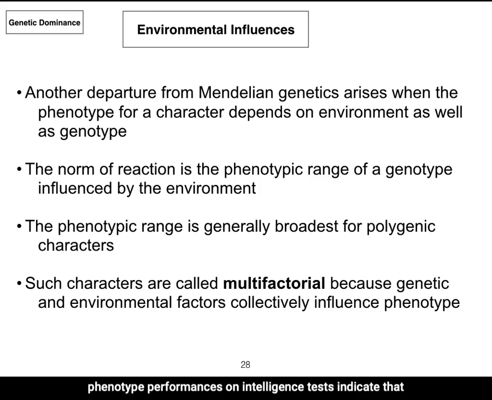Performances on intelligence tests indicate that even identical twins who are genetically equal accumulate phenotypic differences as a result of their unique experiences. The phenotypic range is broad for polygenic characters. Many factors, both genetic and environmental, can collectively influence the phenotype.